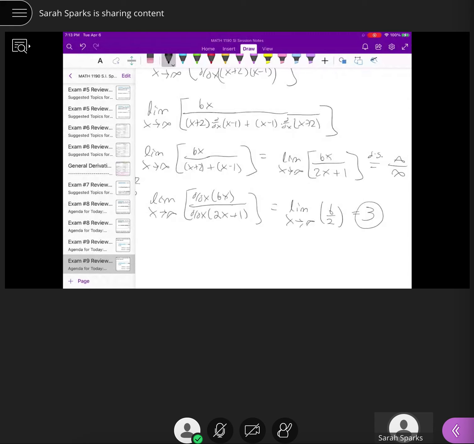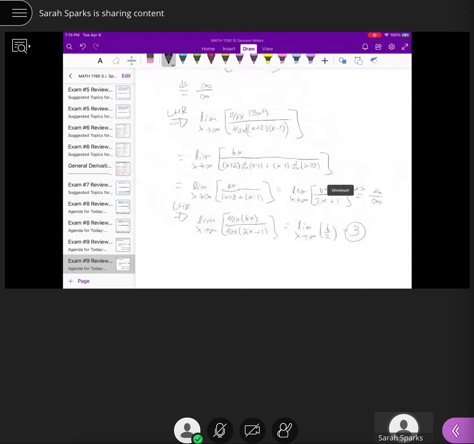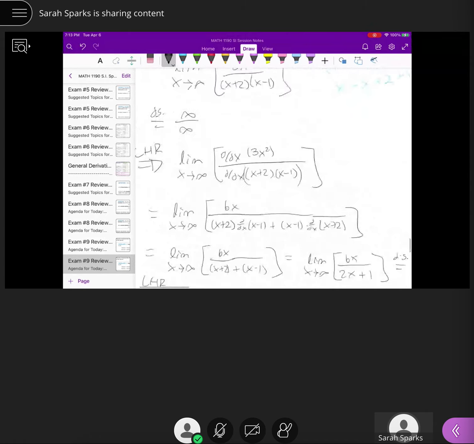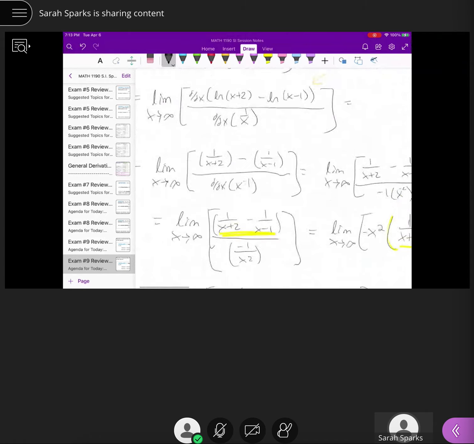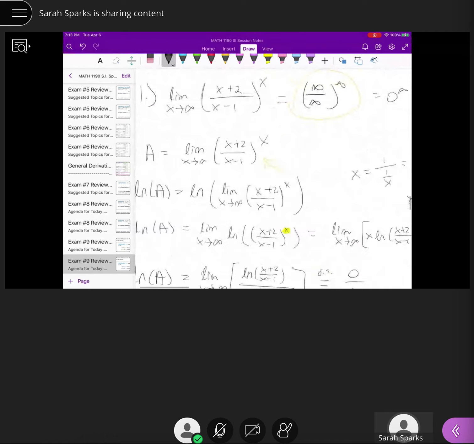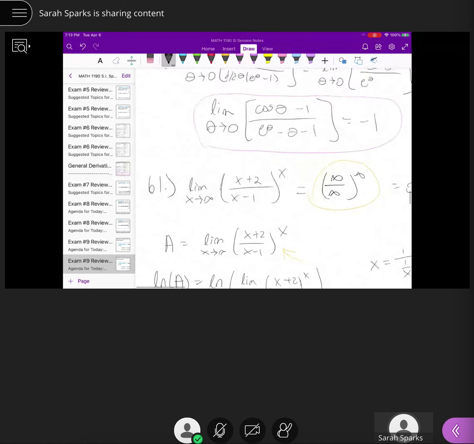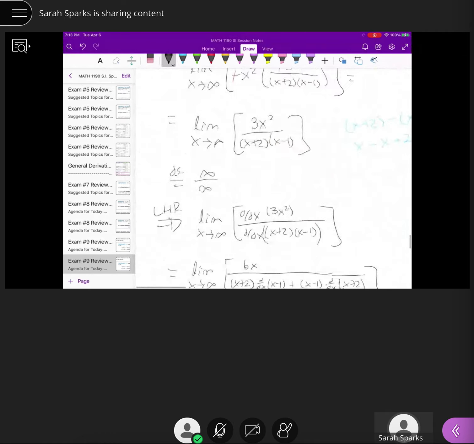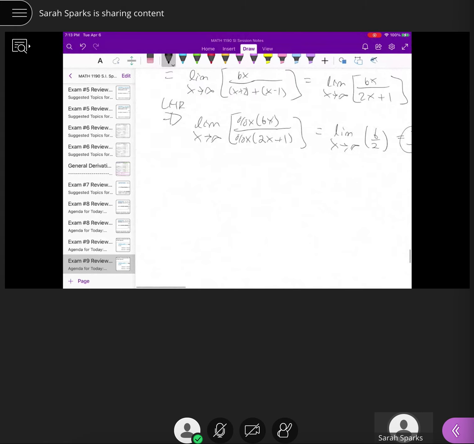That's not our final answer, but we did a lot to get there. I think we did 3 L'Hopital's rules and a ton of algebra. But you have to remember that whenever we did our limit, we said the natural log of a is going to be equal to this limit. So we know our natural log of a is equal to 3.